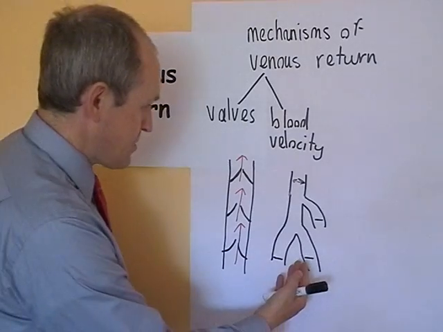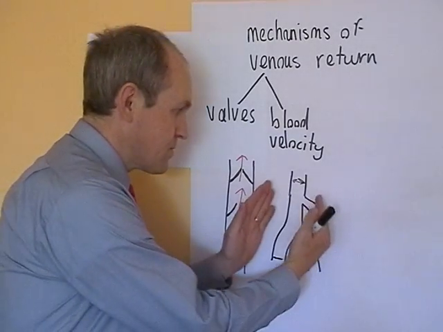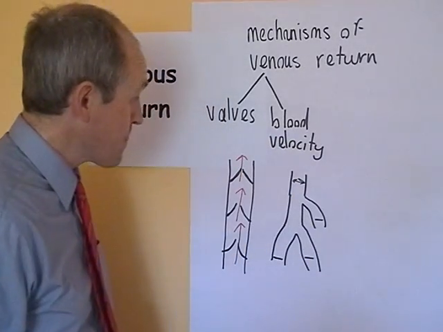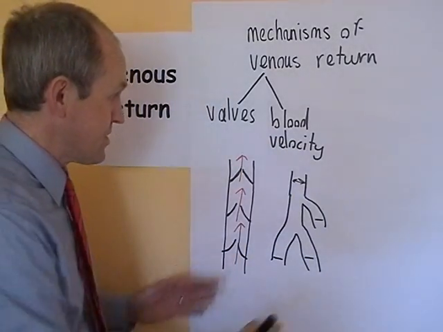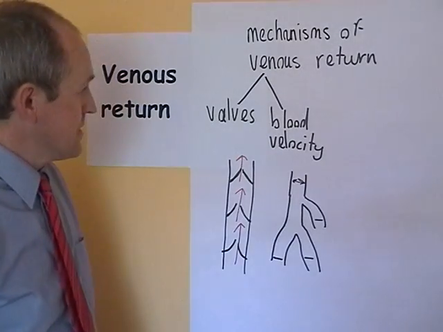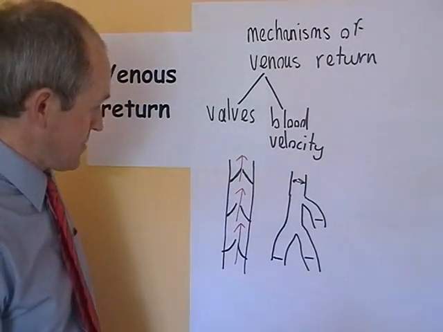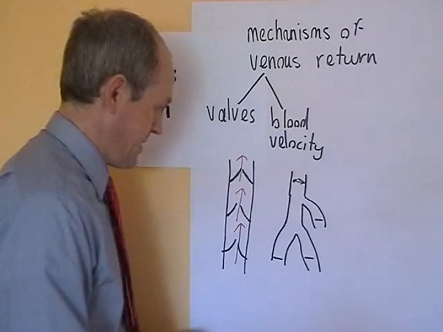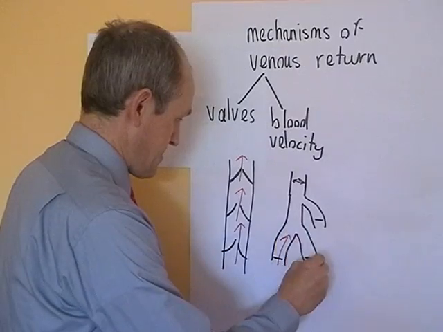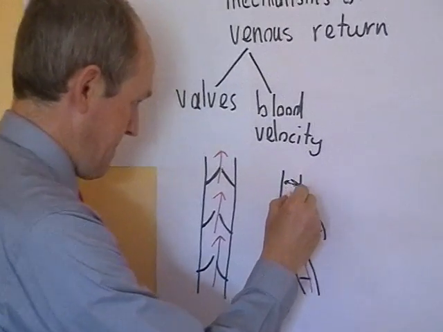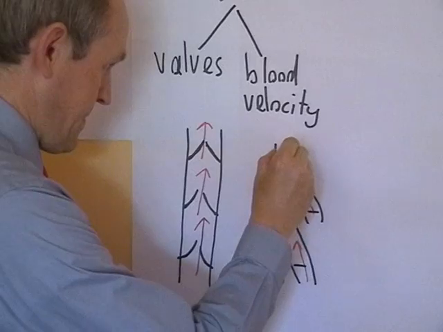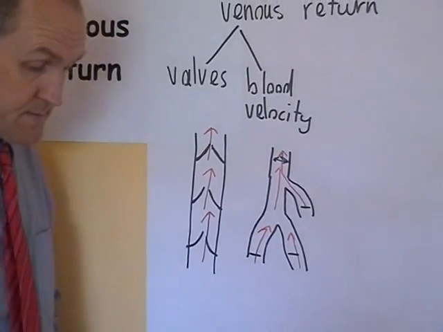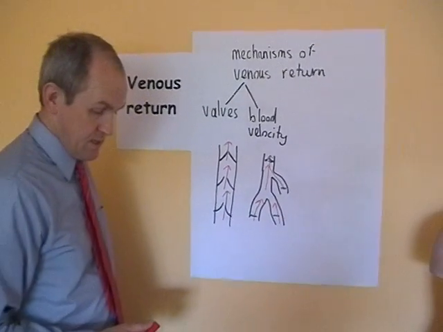So as the blood goes into vessels with a relatively smaller total lumen, the blood velocity will increase, and that will help the blood get back to the heart as well. So again, remember the blood is flowing up in this direction like this. So the velocity of the blood will tend to increase as it gets back towards the heart.